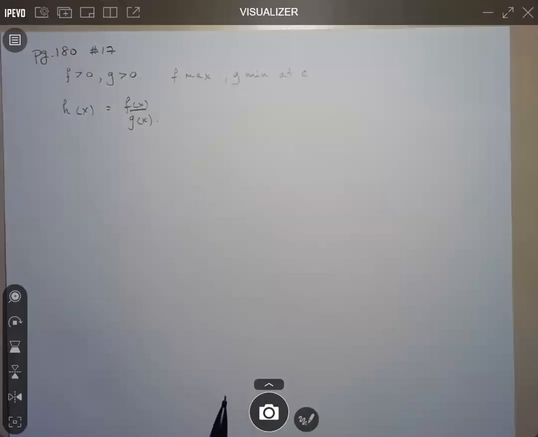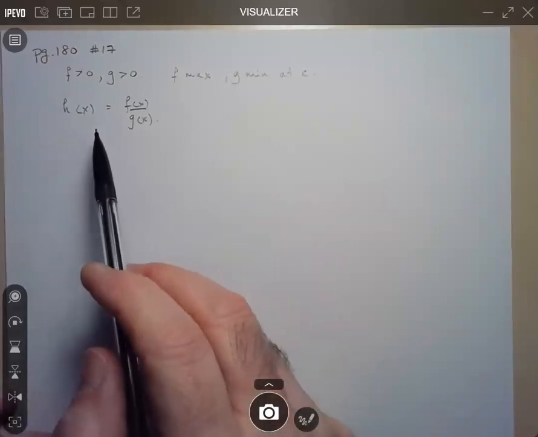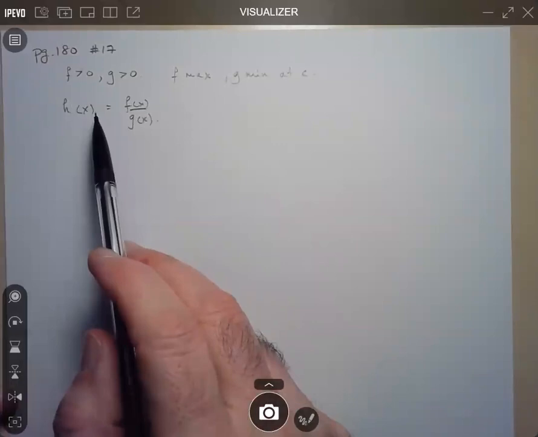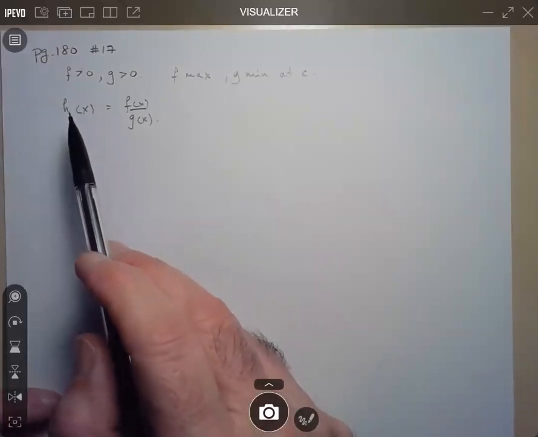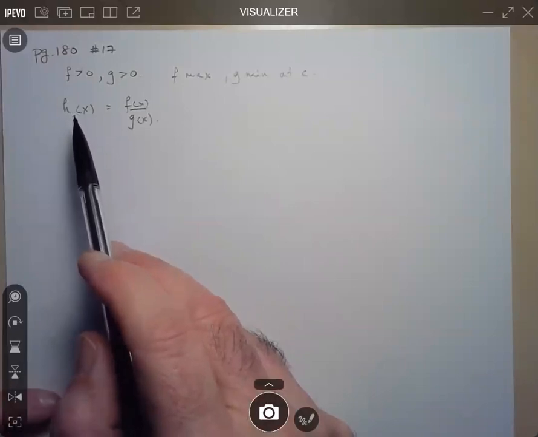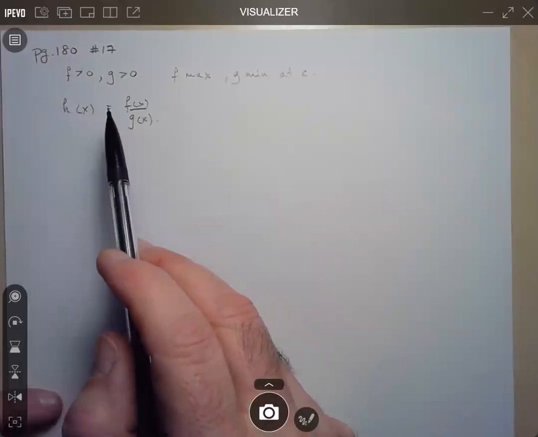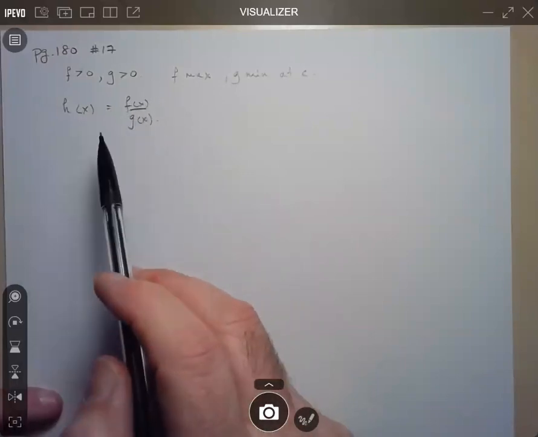So what I want to do is make sure I'm clear as to what it is that I have to show. So in order to look for local extrema, I'm looking at the values where h has a derivative that's either 0 or does not exist. And we need to show that the derivative changes sign at that point. Okay.